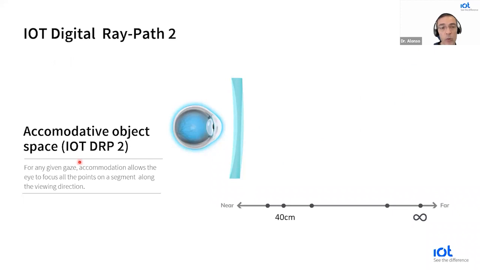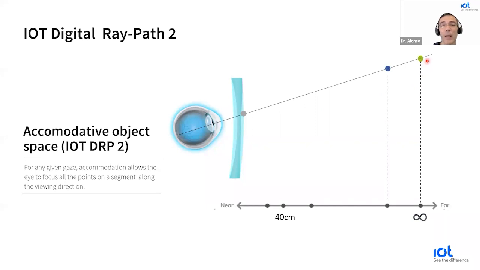Now, what we are going to do is to consider that for each gaze, we have the typical accommodation level, the typical object distance, but then we have a range of object points that we can bring into perfect focus through accommodation. Instead of being a simple point, it's a segment. And then for different gazes, we have a different segment.